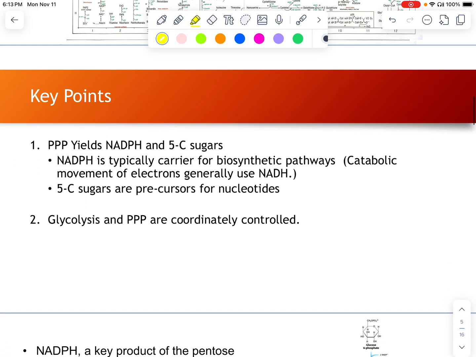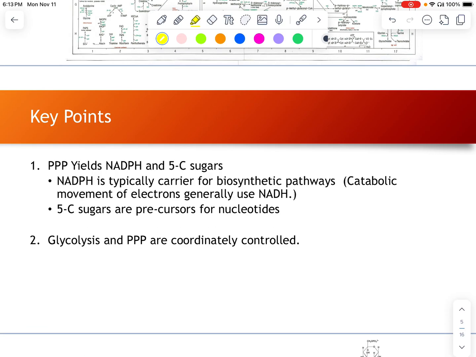Okay, so some key points. We already said that we are going to get from this the NADPH and these 5 carbon sugars. So we looked at NADPH just a little bit before, and it is typically the carrier for biosynthetic pathways.